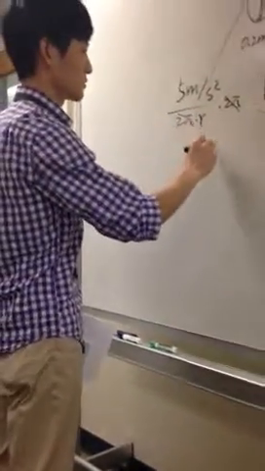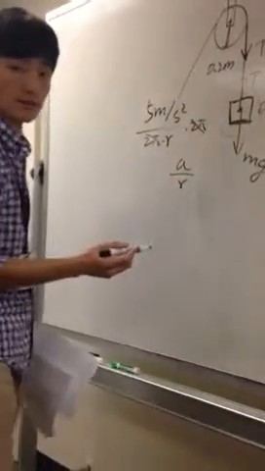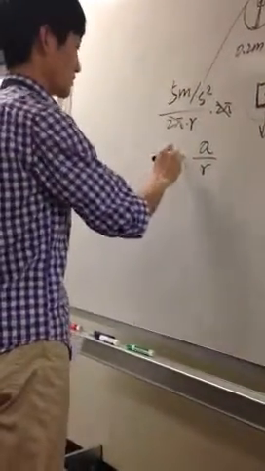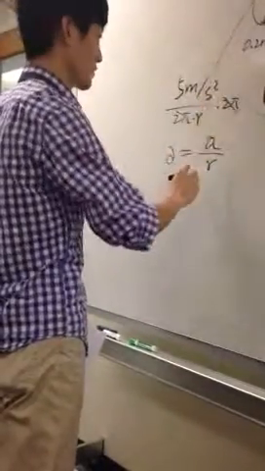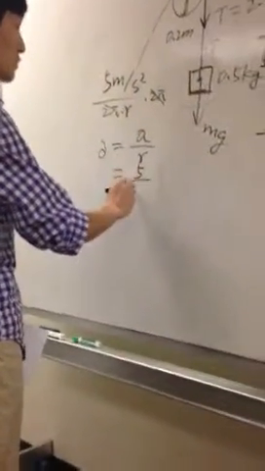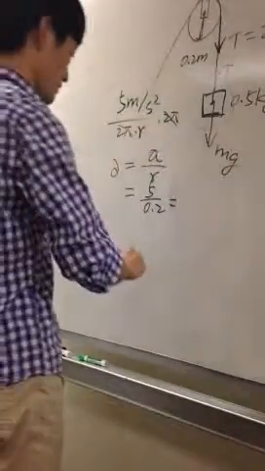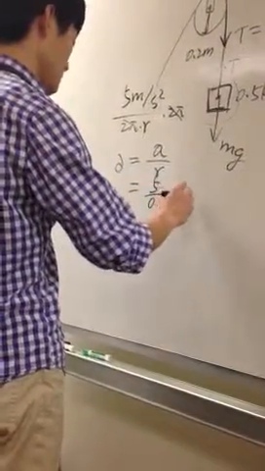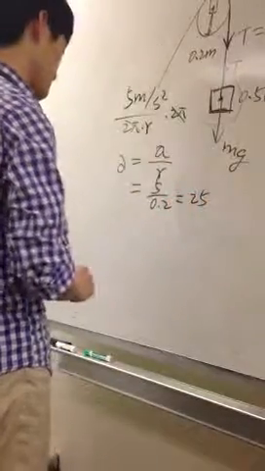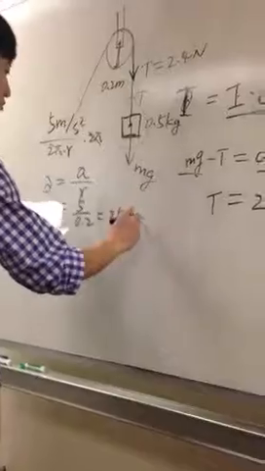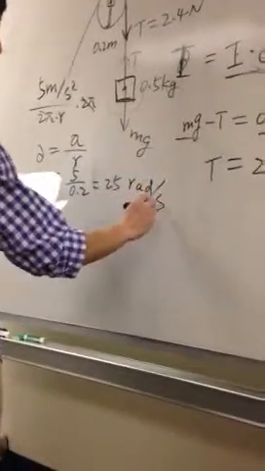So it's A over R, alpha equals 5 over 0.2. Calculate, it's 25 per second squared.